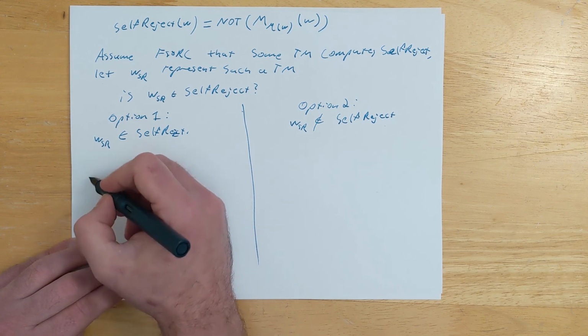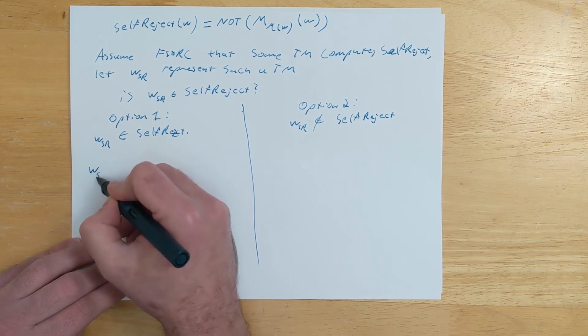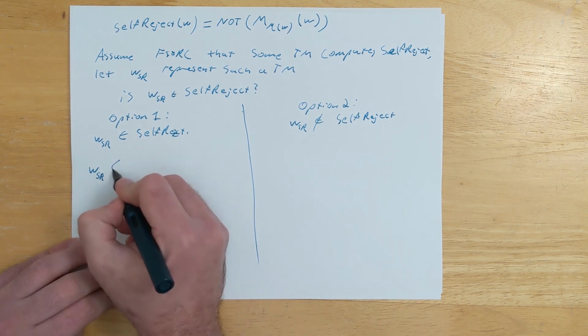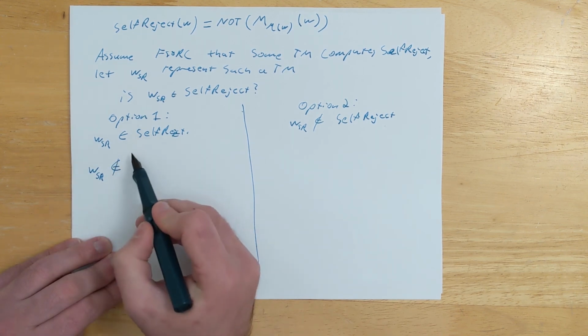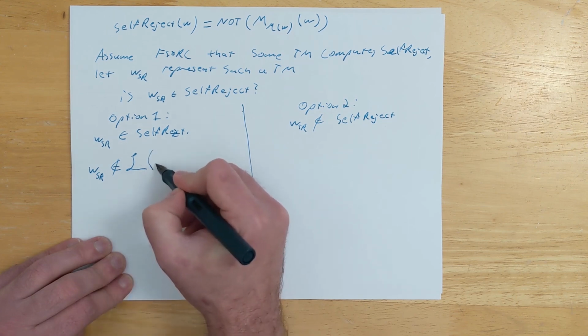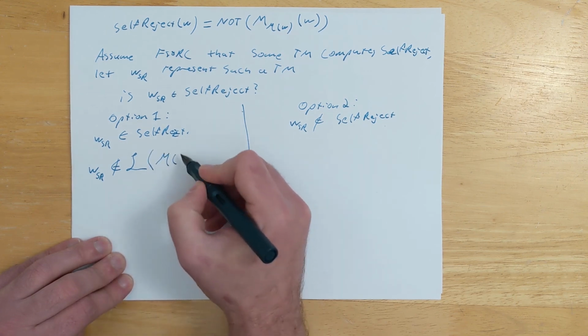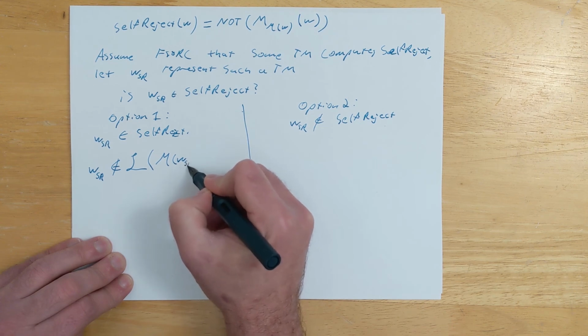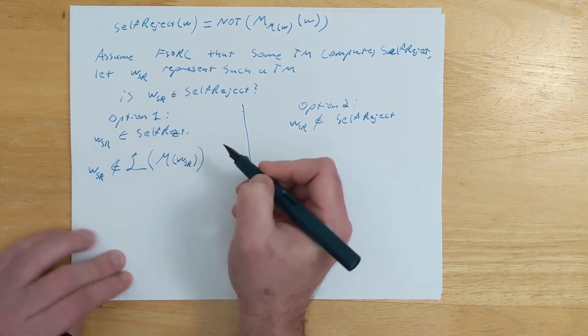So if WSR belongs to self-reject, then that means WSR does not belong to the fancy L, the language of the fancy M, the Turing machine which WSR represents.